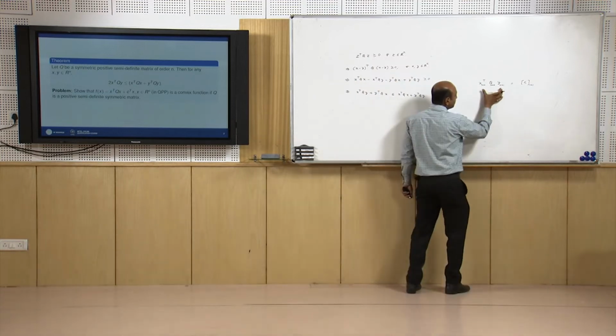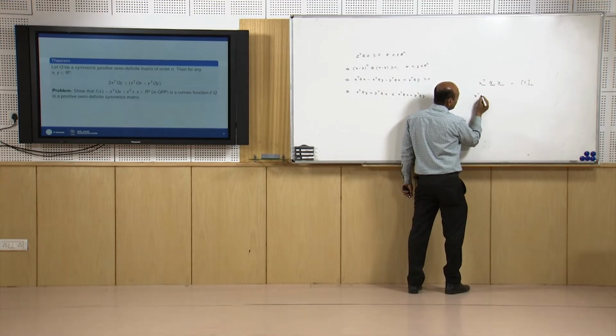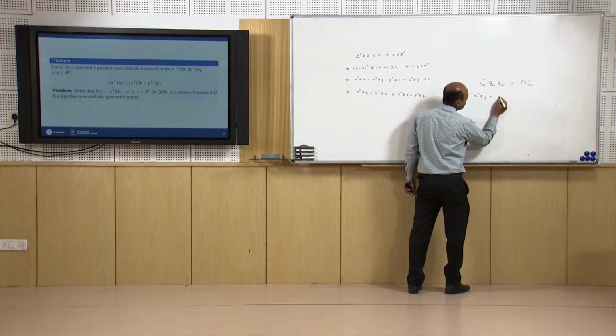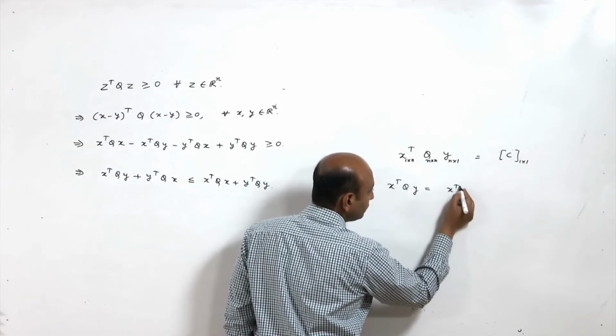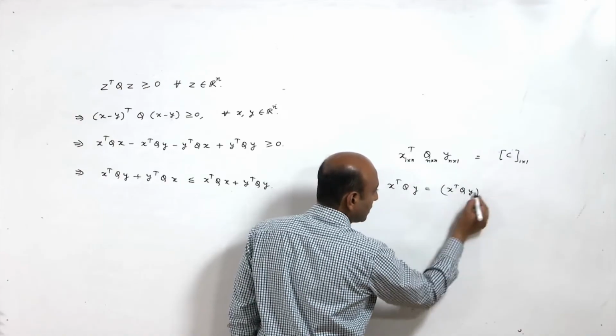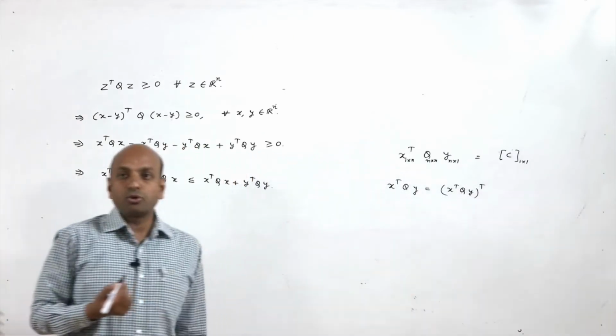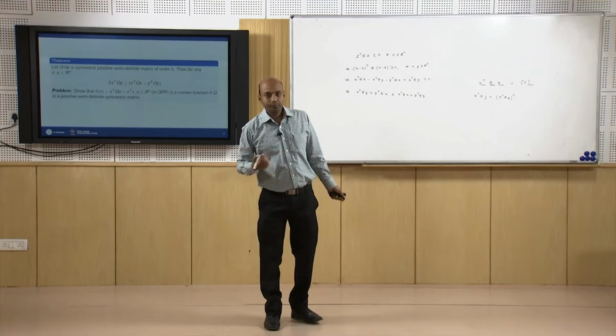Since it is a scalar, x transpose Qy will be equal to its transpose, because the transpose of a scalar is itself.